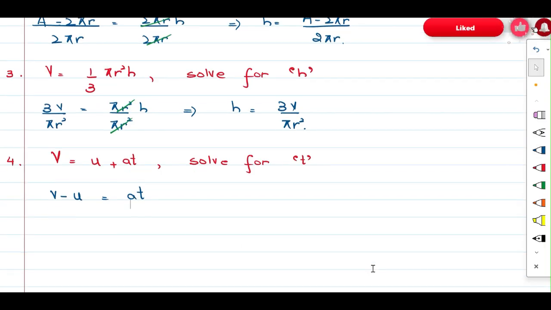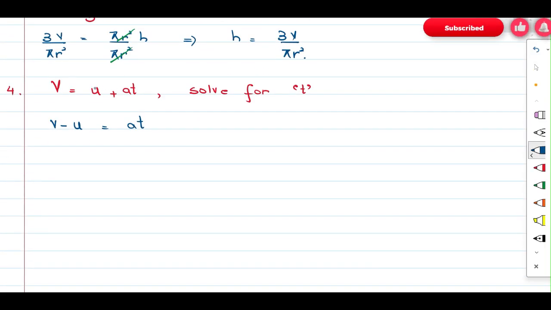Because we have to solve for t, first we eliminate the u by shifting it to the other side. Next, divide both sides by a to solve for t. So a cancels out with a, and here you will get t is equal to v minus u over a. This is t in terms of the other variables.